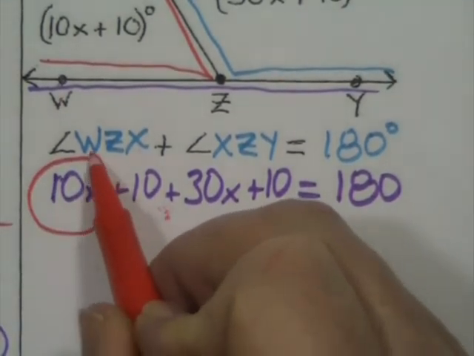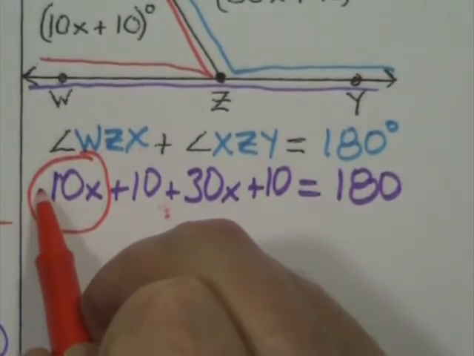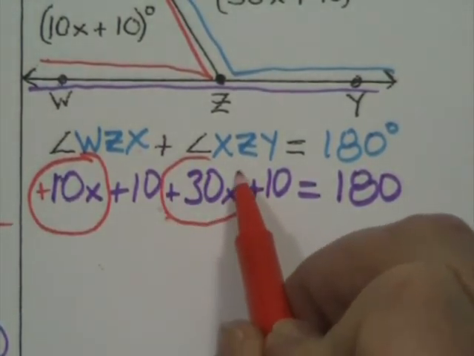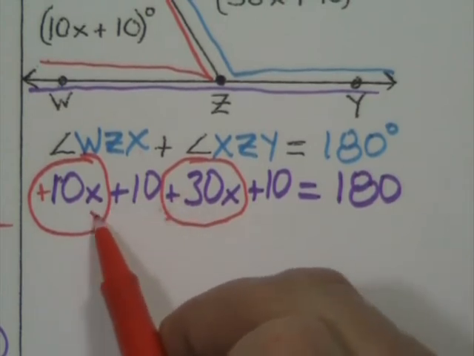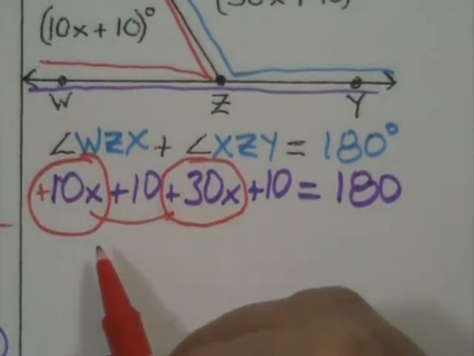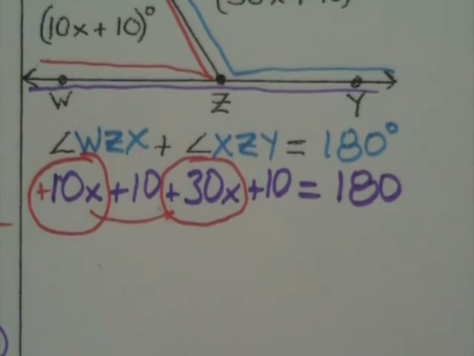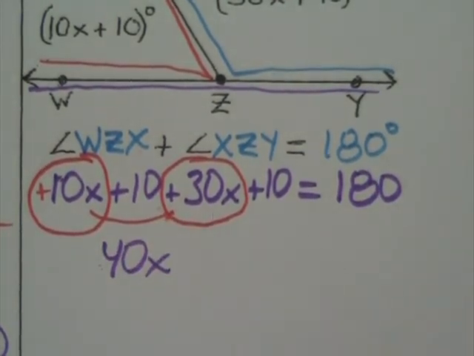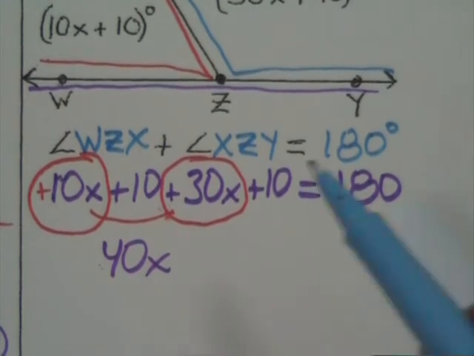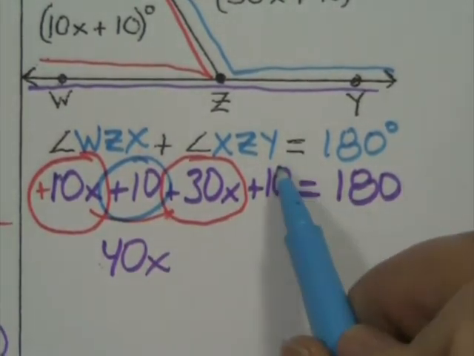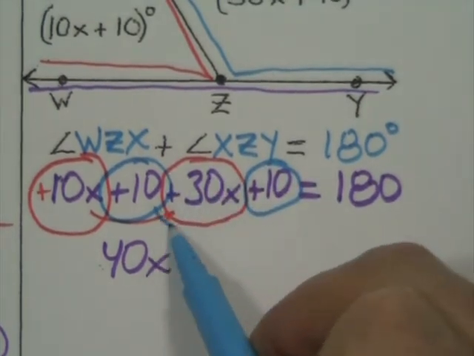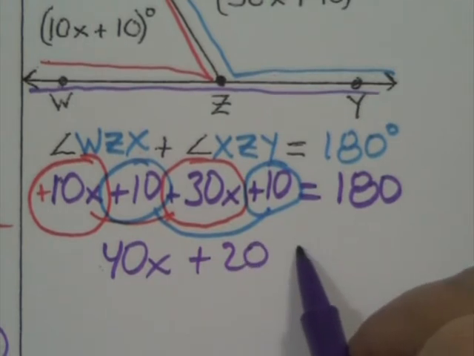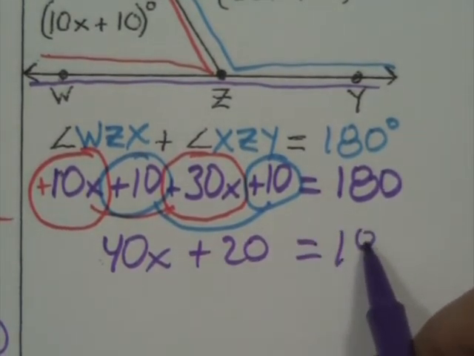We can use like terms. That's positive 10x and that's positive 30x. You put those together, 10 and 30, that makes 40x. Then you have the numbers, plus 10 and plus 10. You put those together, and that gives us plus 20. And all that is equal to 180.